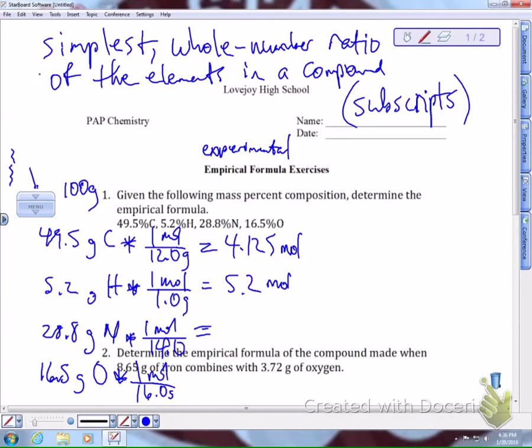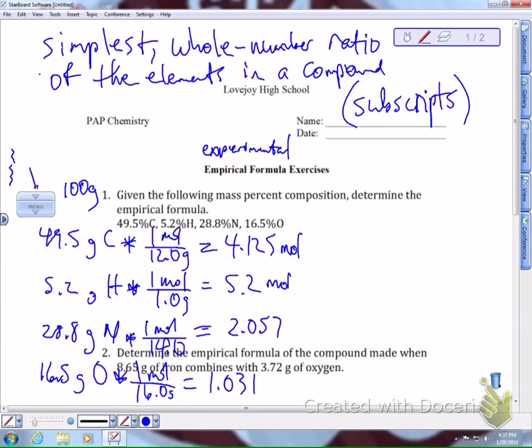So the next one is 2.057. And then the last one with oxygen, 16.5 divided by 16, 1.031. And that's enough. I could have stopped at 3 if I'd wanted.